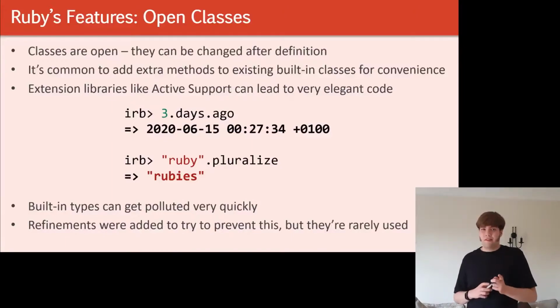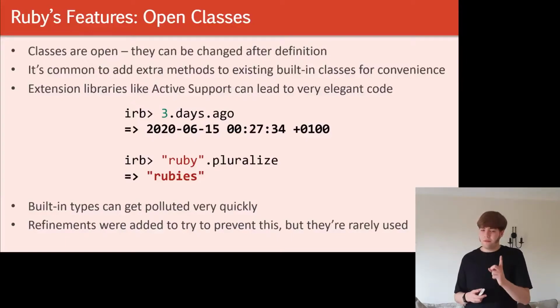The problem with this, as you might be able to imagine, is that if you have dozens of libraries adding methods to things, you might get clashes or just polluted feeling overcomplicated types. In reality, this isn't too much of a problem, but it is something you need to consider. Refinements were added to try to narrow the scope of class modifications, but you hardly ever see them used. Clearly, Ruby programmers don't like being held back.